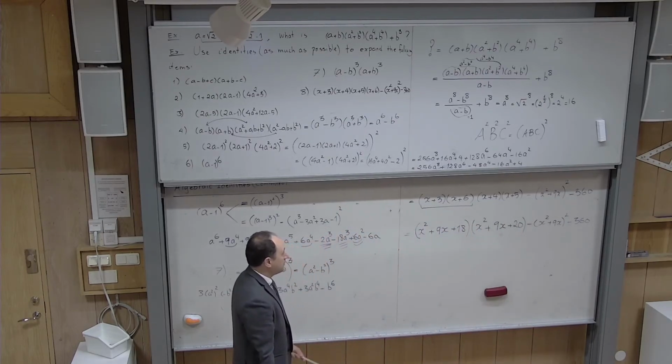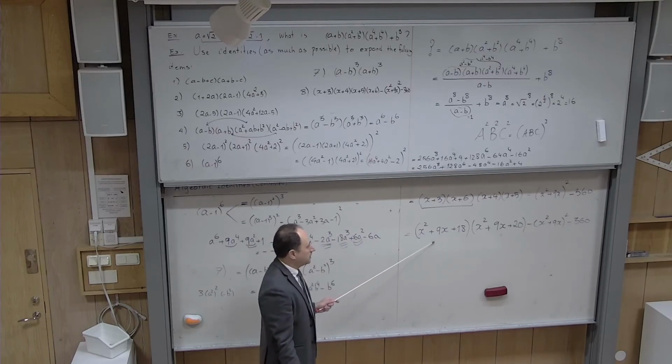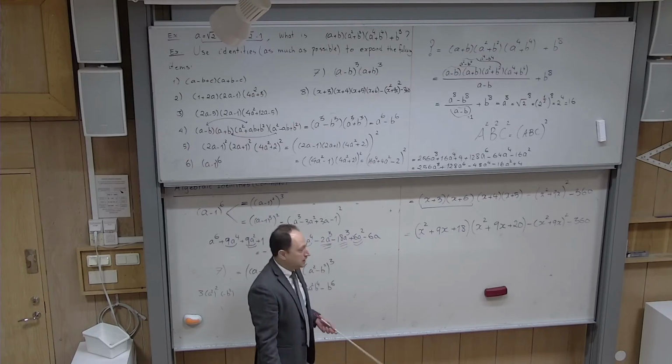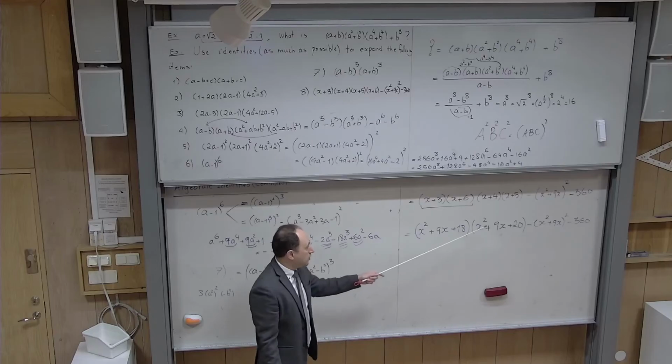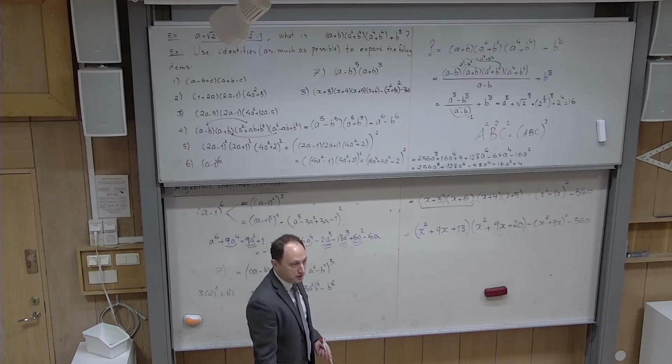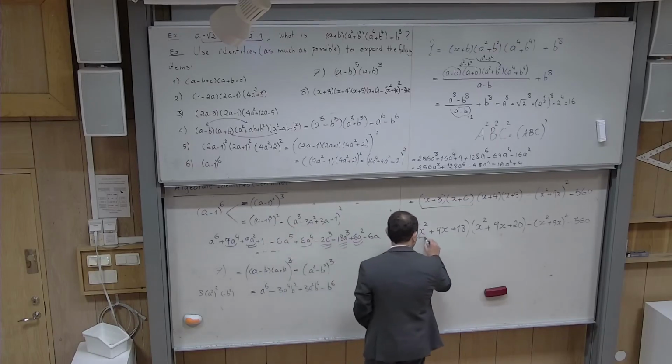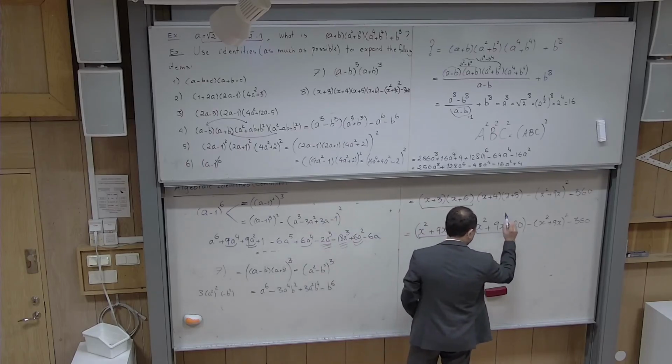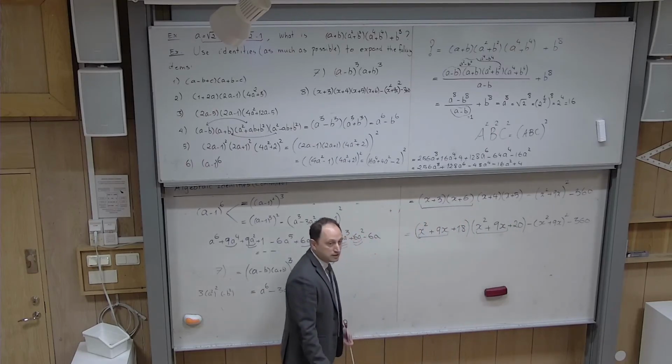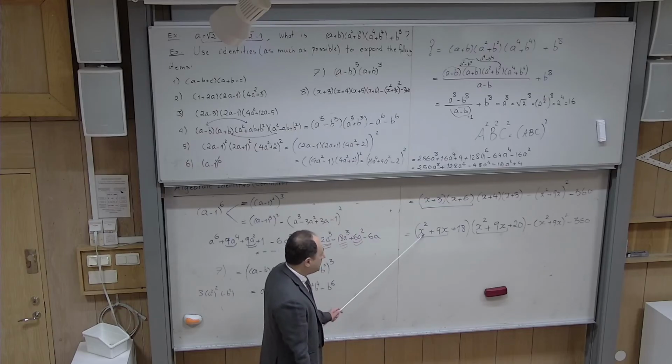Now, can you see what happens? What is your suggestion for expanding the first one? Do you see that the first one is also a common term identity? But the common term is this guy.